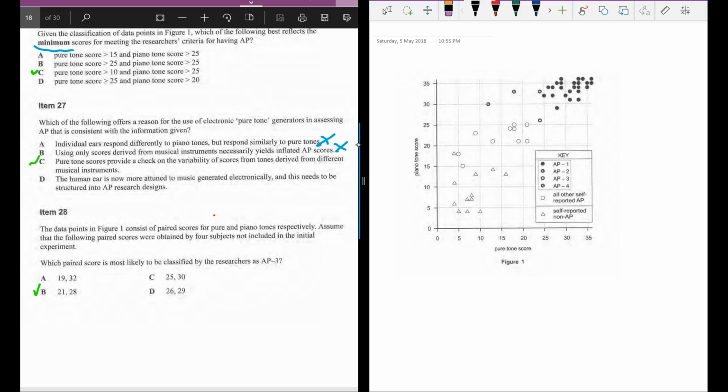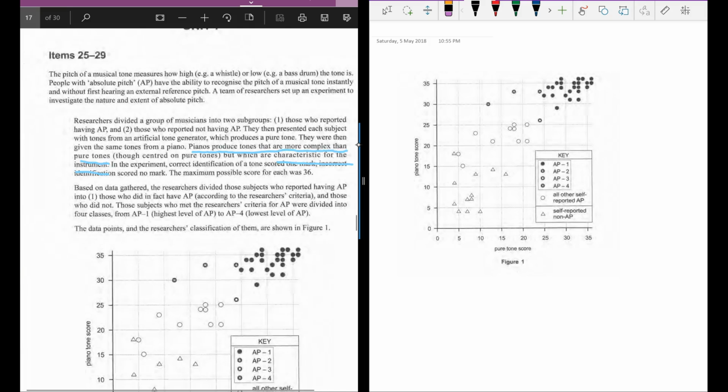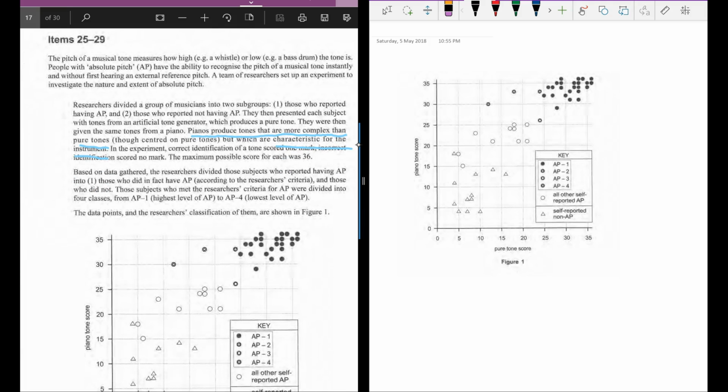Pure tone scores provide a check on the variability of scores from tones derived from different musical instruments. Is there information to support that? Potentially. Let's go and have a look. I've underlined a blue section here. It says pianos produce tones that are more complex than pure tones, but which are characteristic for the instrument.